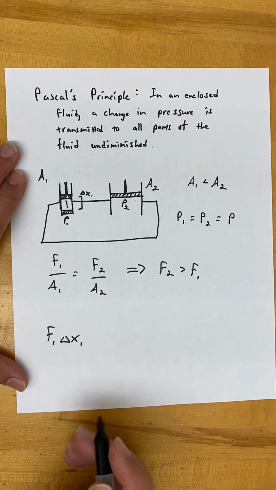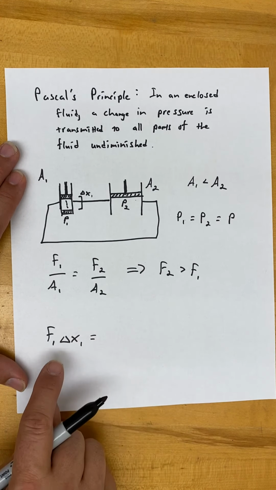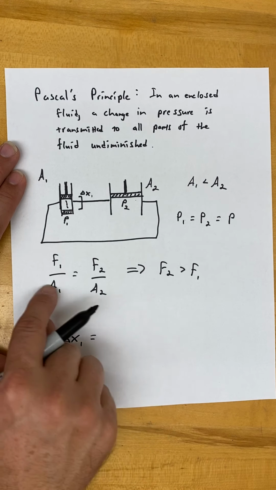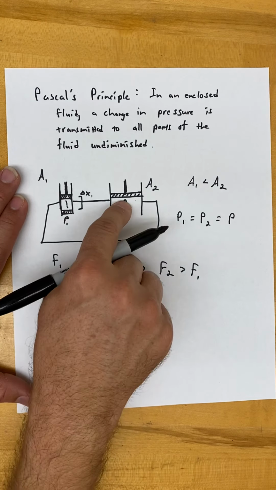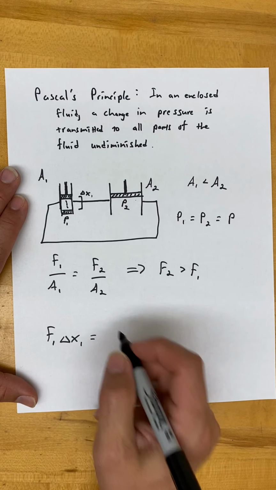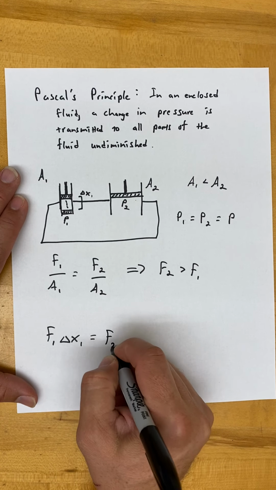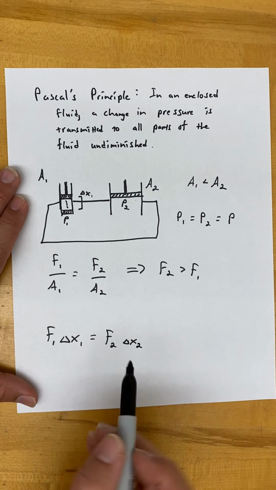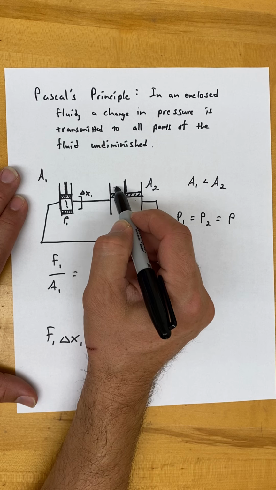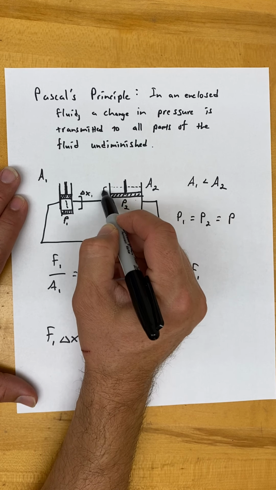That doesn't make sense. So what I have to say is not only are the pressures equal, the work I do has to equal the work that comes out of the system. So I have to say that this is equal to F2 delta X2, where delta X2 is going to be the distance that this piston moves up.